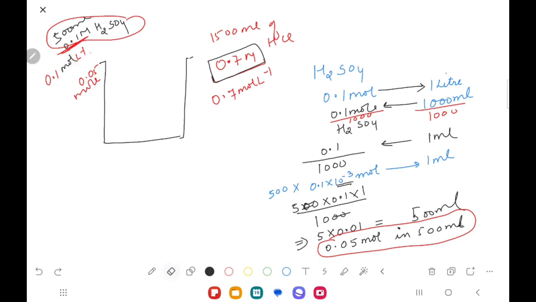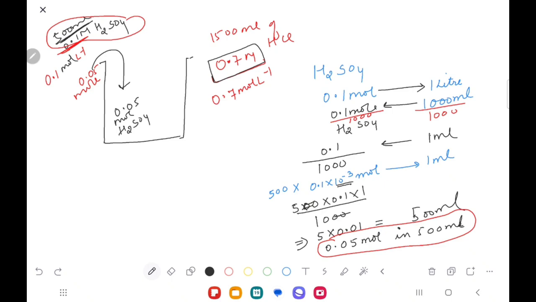If I have 0.1 moles per liter, what do you think I will have? Only half of the liter I'm adding. So that means half of the moles. So I am getting 0.05 mole of H2SO4.